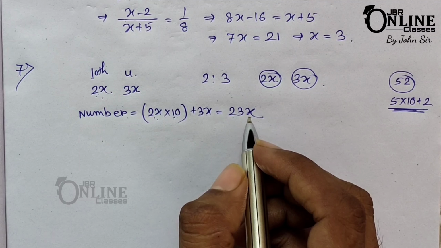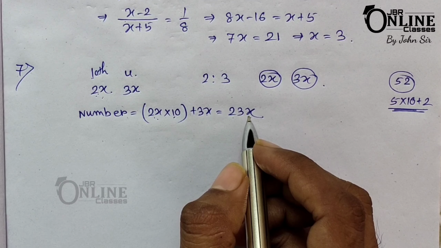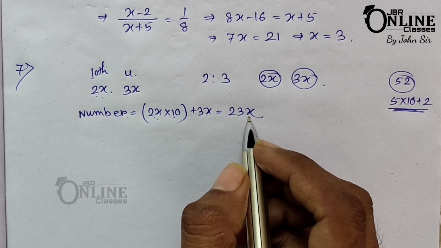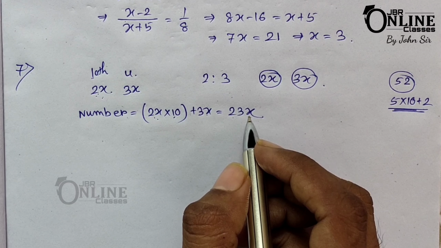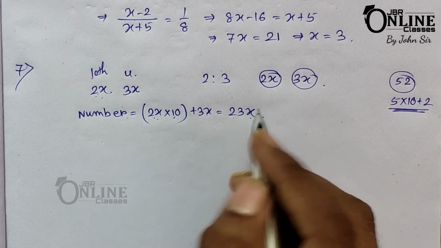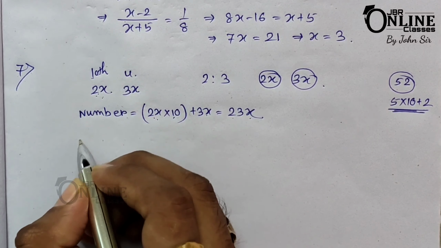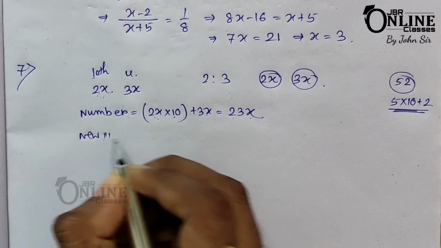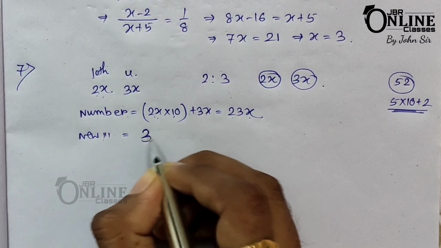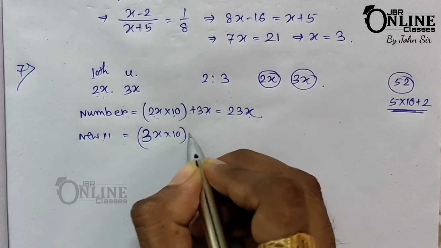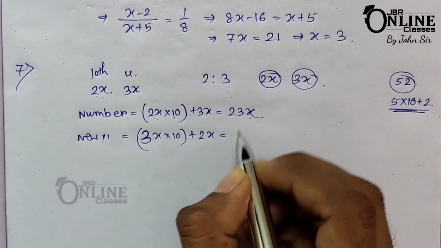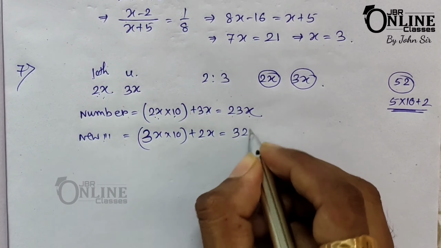Now next, the number obtained by interchanging the digits is greater than the original number by 27. So if you interchange the digits, then the new number will be 3x into 10 plus 2x, and that equal to 32x.